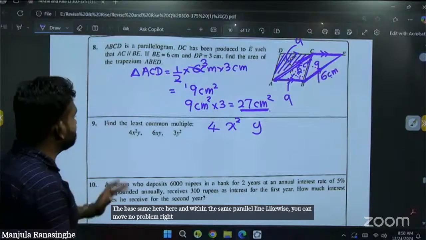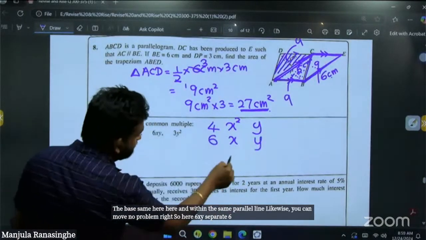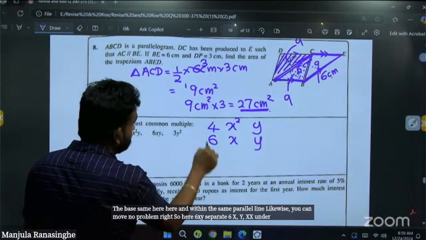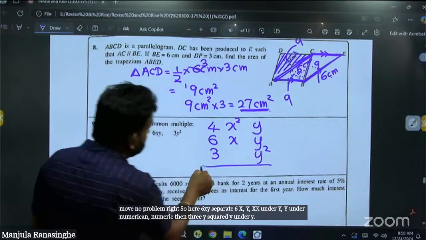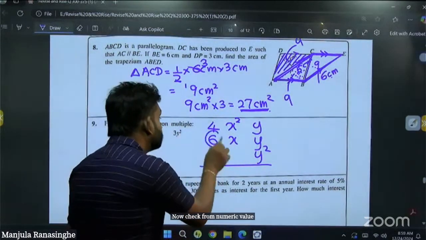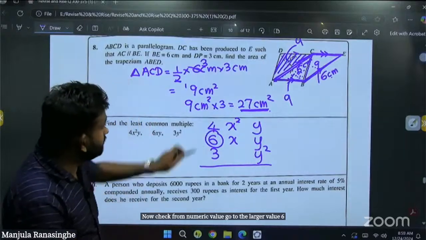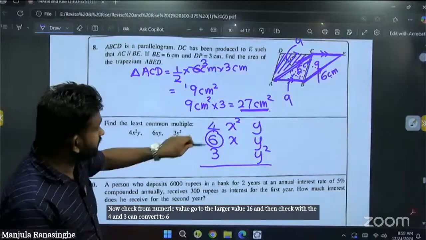So here 6xy, separate 6, x, y: x under x, y under y, numeric under numeric, then 3y squared, y under y. Now check from the numeric values, go to the larger value 6 and check whether 4 and 3 can convert to 6.